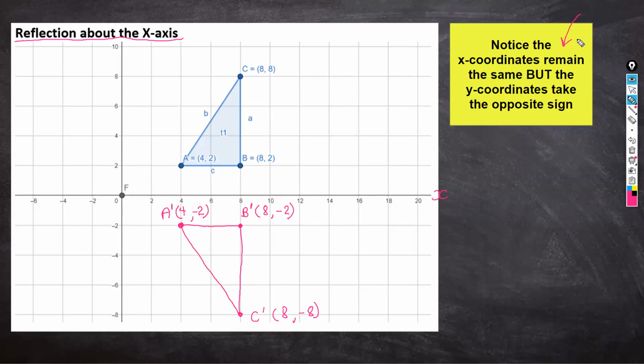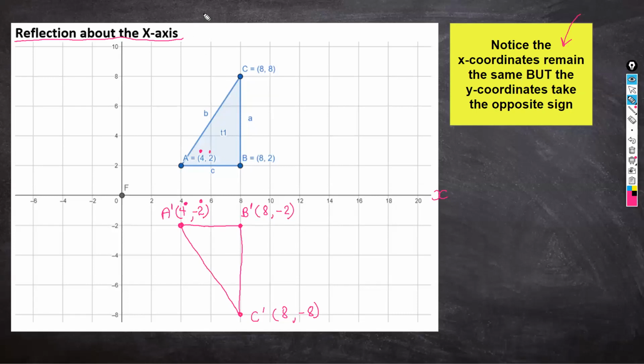It says, notice that the X coordinates remain the same, but the Y coordinates take the opposite sign. And I think so too. Look at it here. For point A, the X coordinate remains 4, but the Y coordinate becomes -2. The signs became the opposite.